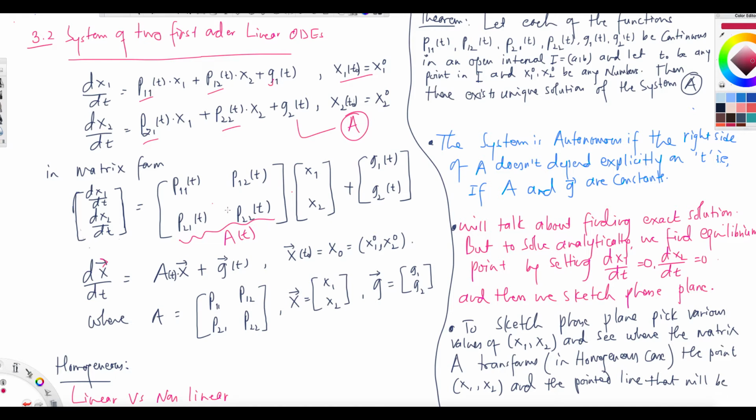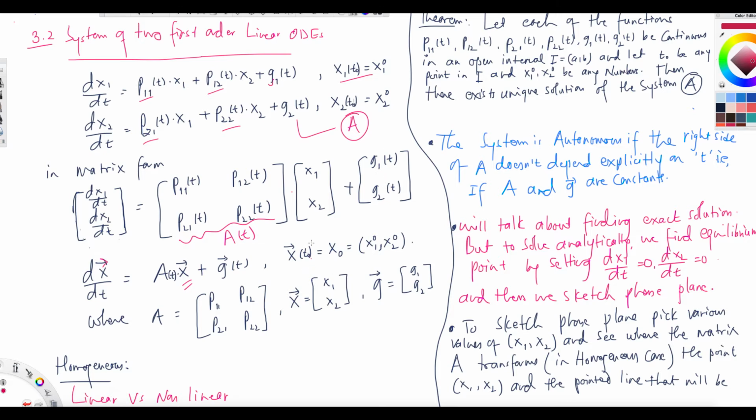Plus g(t), where x is a vector x1, x2, and g(t) is g1(t), g2(t), again that may be a vector of constants or just functions of t.